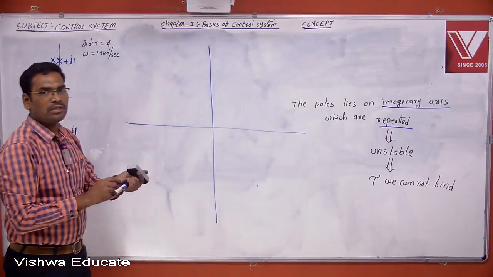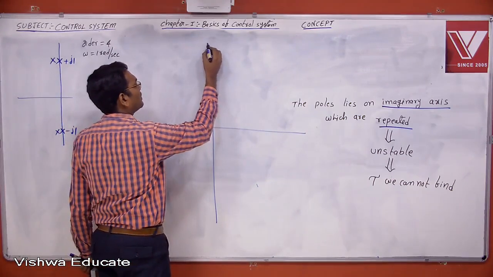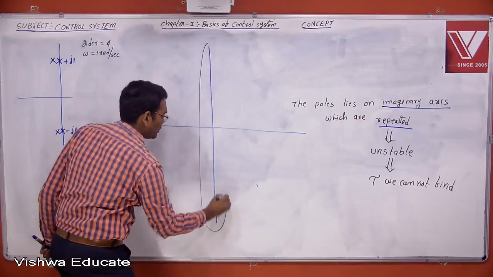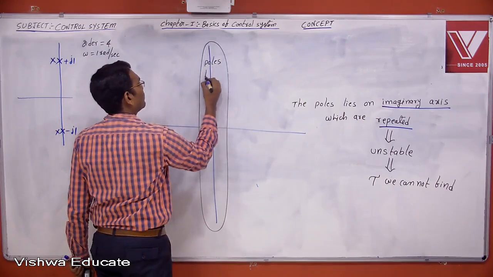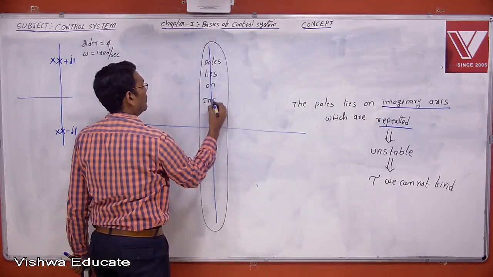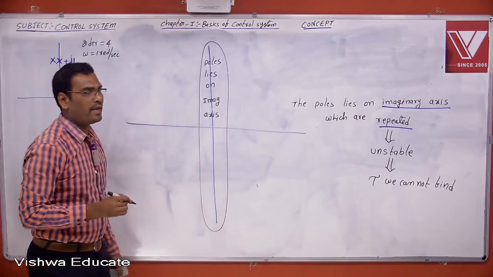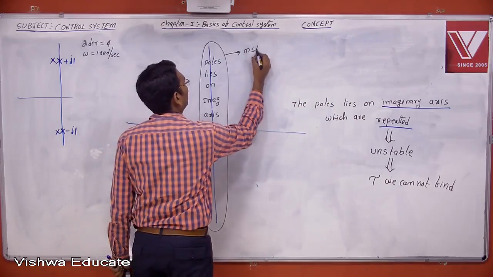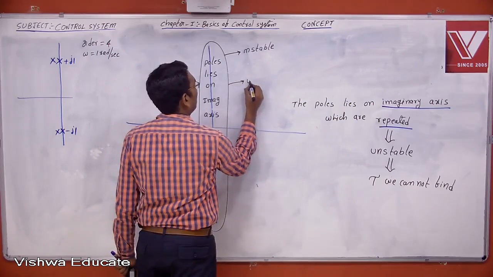Therefore, if the poles lie on the imaginary axis, 2 points have to be considered. One point is marginally stable, another point is unstable.